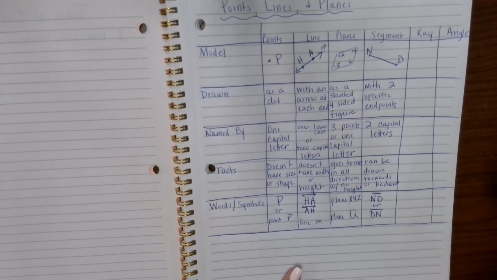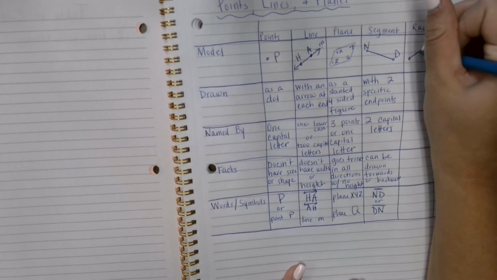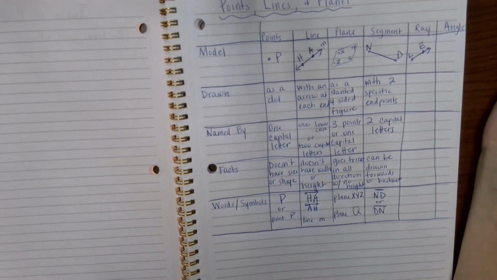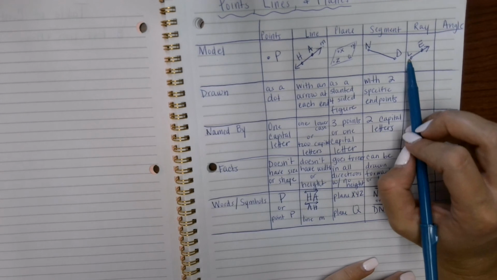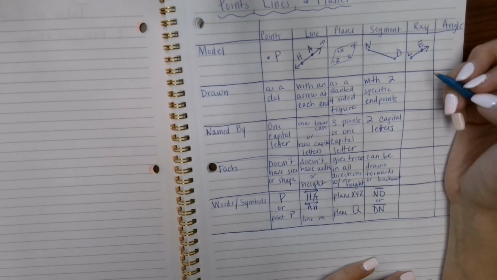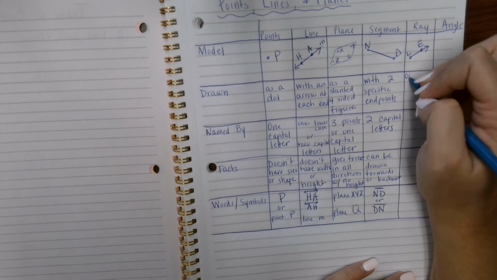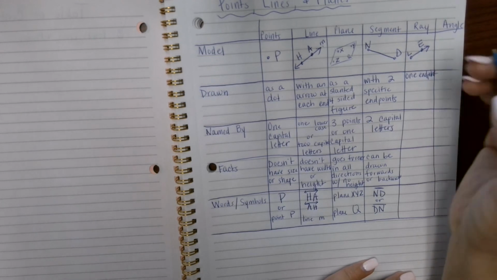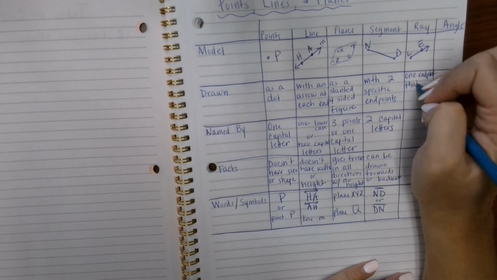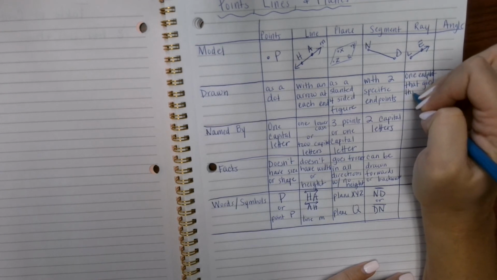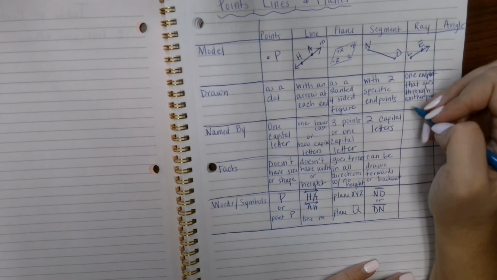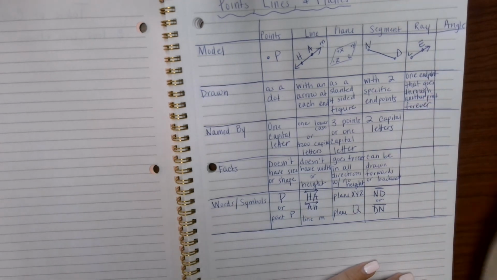Okay, the next one is a ray. Again, if I'm ever going too fast, just pause and copy down what I'm copying down. Okay, so this is ray LE. It is drawn with 1 endpoint that goes through another point forever. Sorry, running out of room.